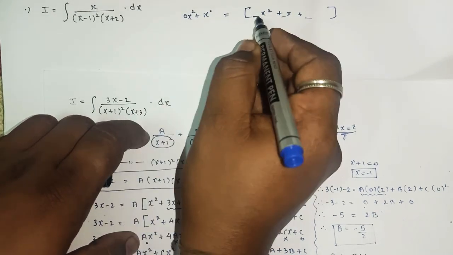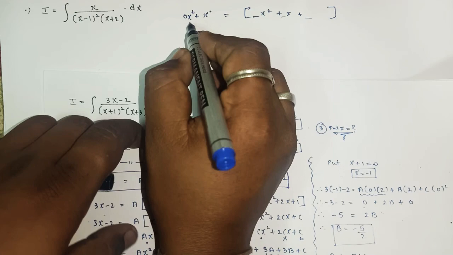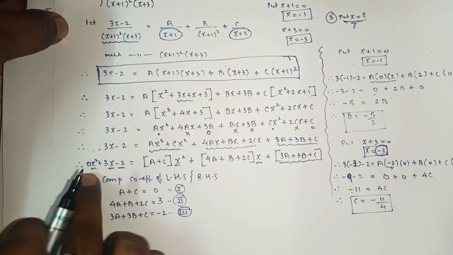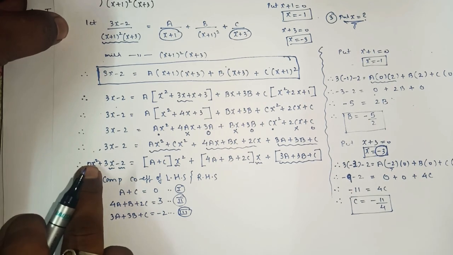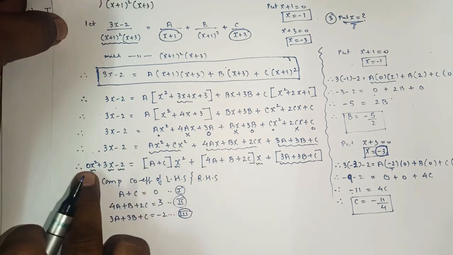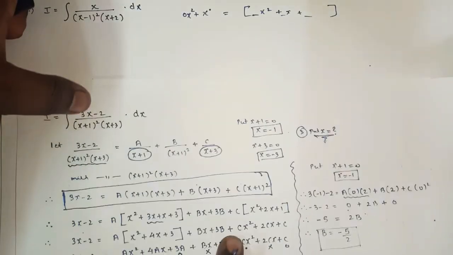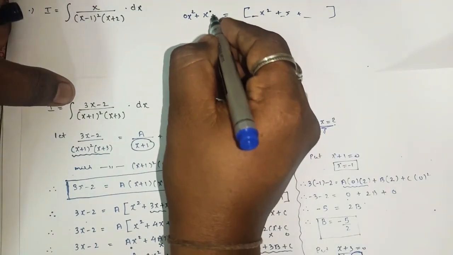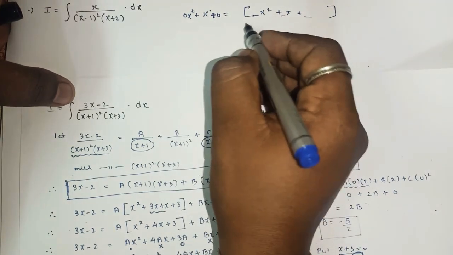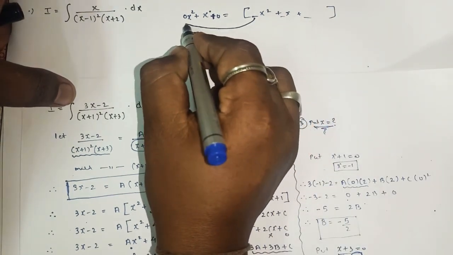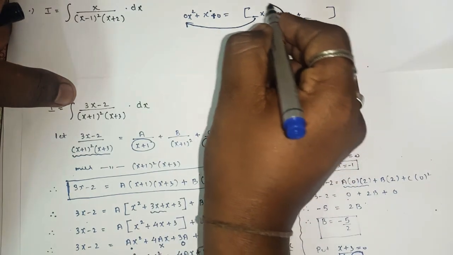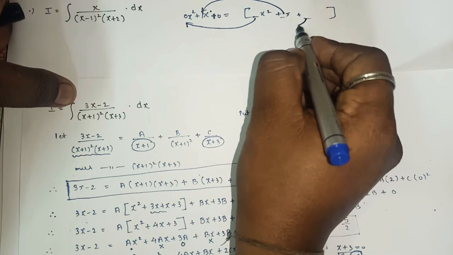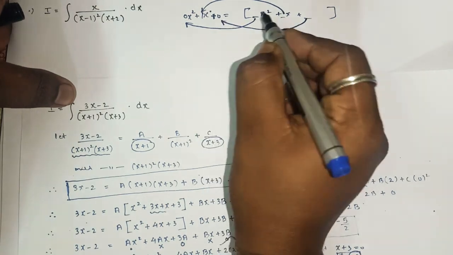Here the coefficient of x square is missing on the left hand side, so x square can be written as 0x square, and the number is also missing, so we write the number as 0. So this part will be equal to 0, this part will be equal to 1, and the part without x will be equal to 0.